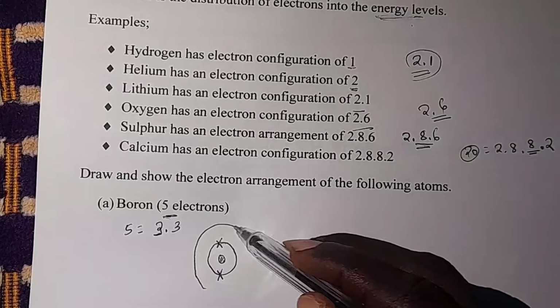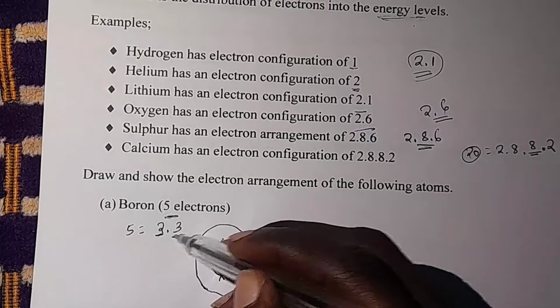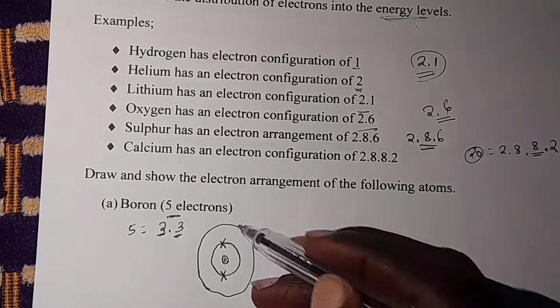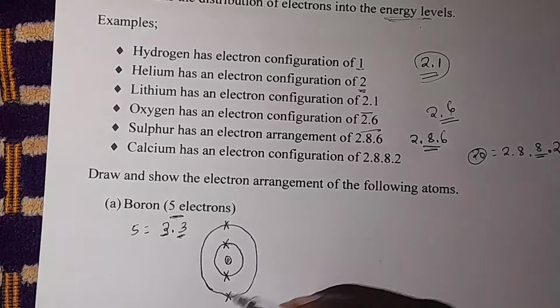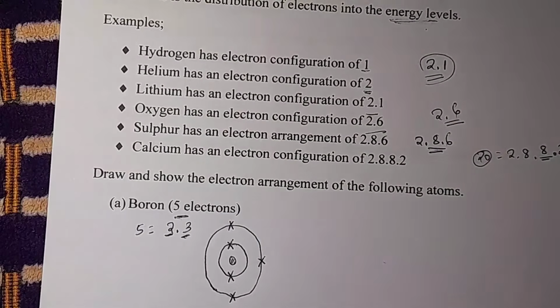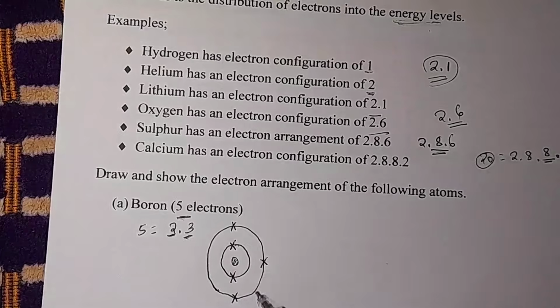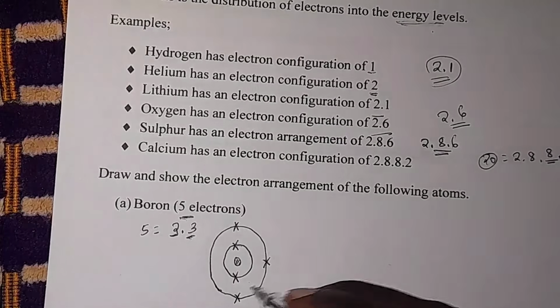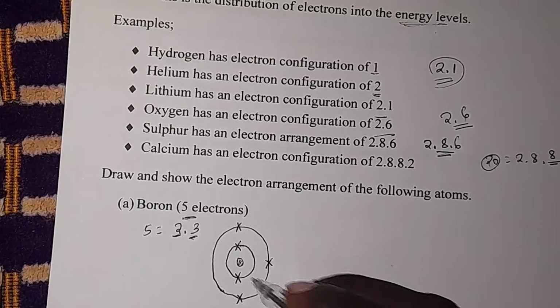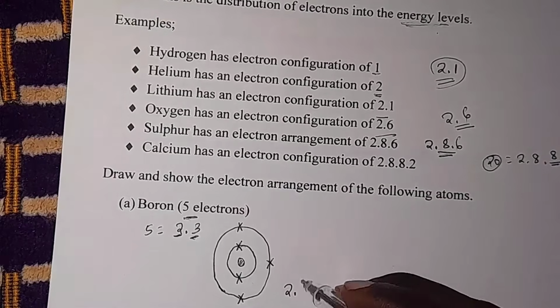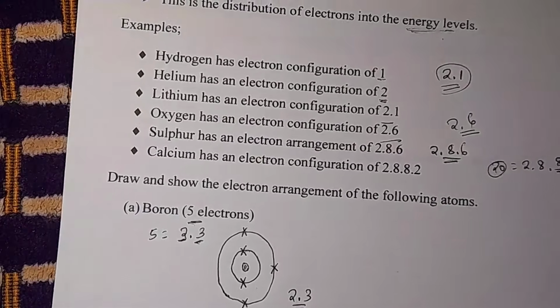Then we are going to draw the second energy level. The second energy level of boron carries 3. So this is the first one, the second, the third. So if you are told to draw and show the electronic configuration of the boron atom, it will be like this. To show the electronic configuration, it will be 2 for the first energy level, then 3 for the second energy level. We're done with boron.